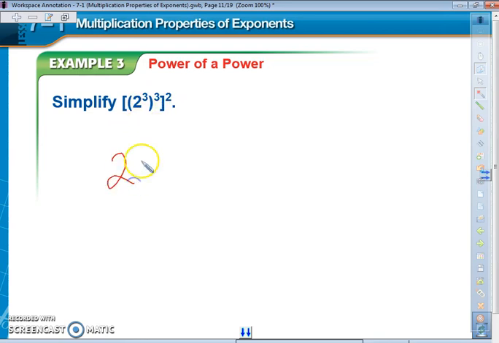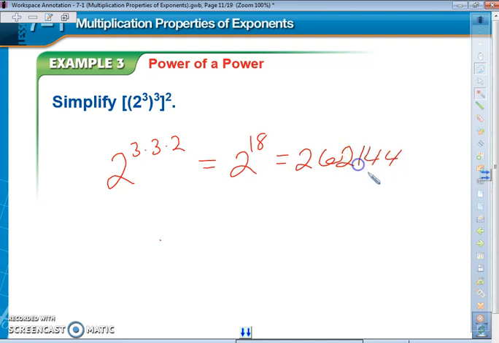So it's 2 to the 3 times 3 times 2, which is 2 to the 18. I just reached for a calculator to figure out that this is 262,144 when you multiply that out.